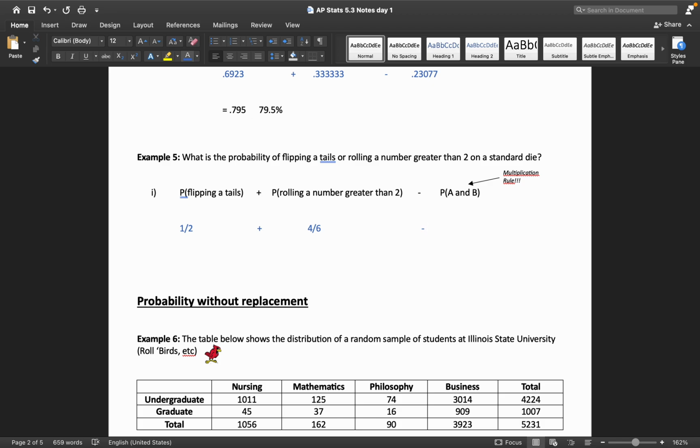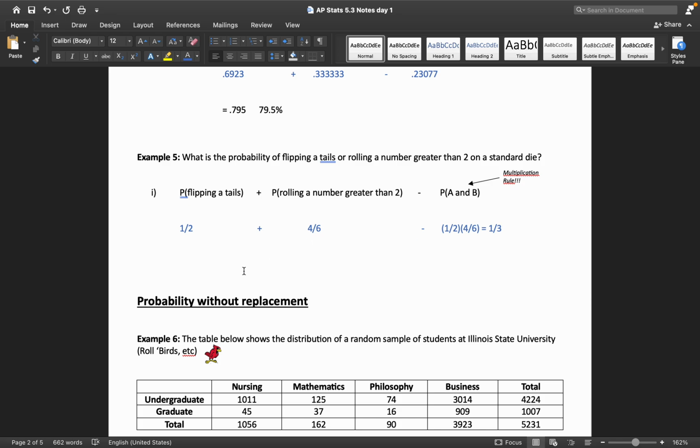But I know that can't be true. I can't have more than 100% chance of something happening. So I have to subtract this product of 1/2 times 4/6, which ends up being 2/6 or 4/12 or 1/3.